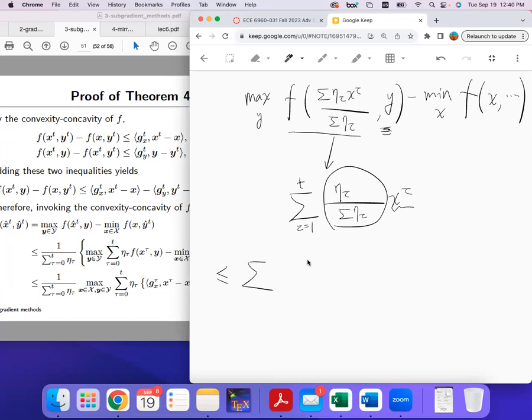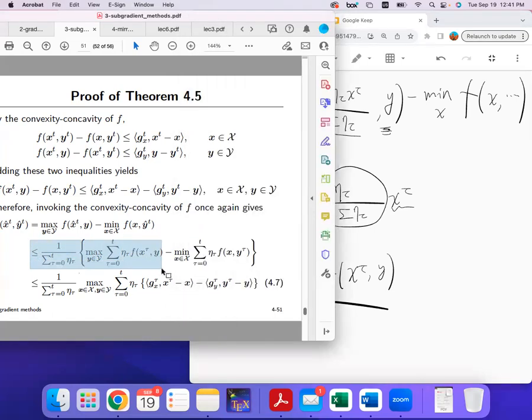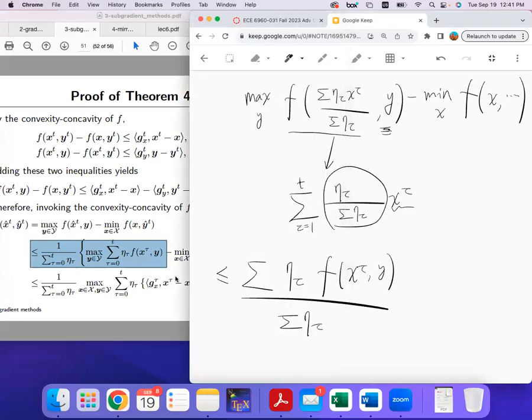So what I'm going to do is this: the sum of eta tau f(x tau, y) divided by the sum of eta tau. This is simply by convexity. And that's why we get the second line, this part. You can check they are the same. Sum over eta tau f(x tau, y) is the numerator, and the sum of eta tau is the denominator.